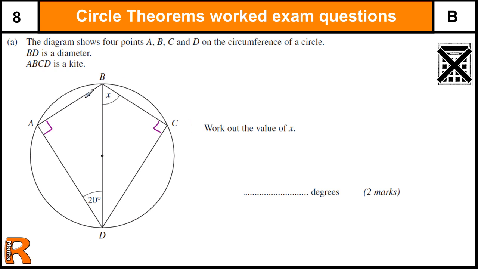But anyway, let's just use this angle. It tells us these two make 110, so this is going to be 70. And if that's 70, then because it says here it's a kite, that means this is a line of symmetry coming down the middle here. Therefore x must be 70 as well.